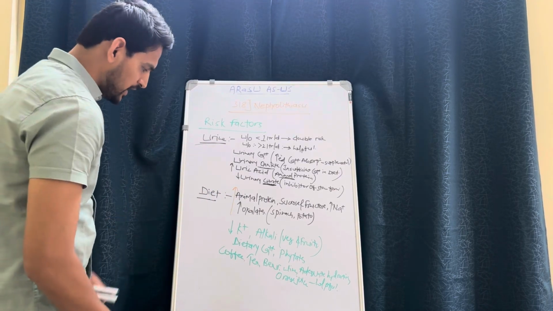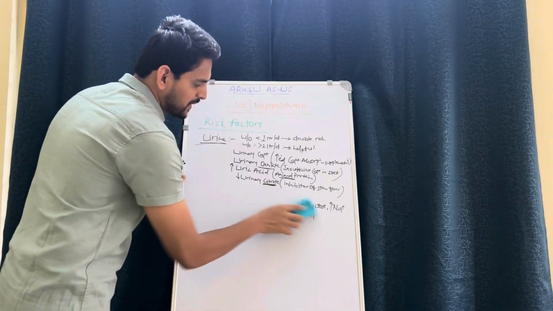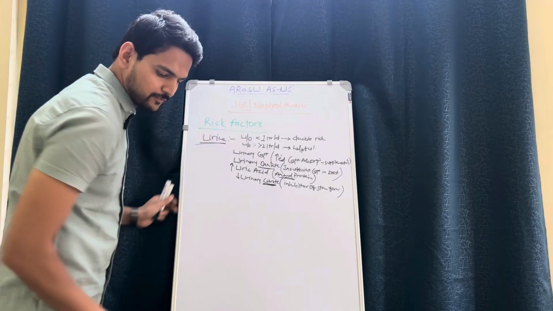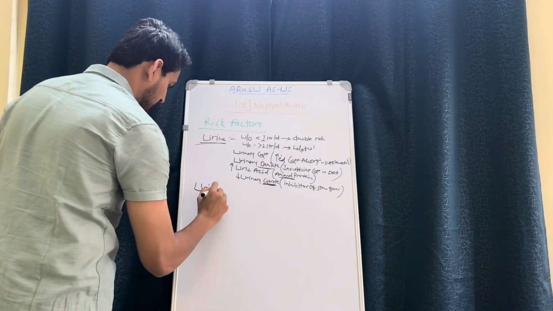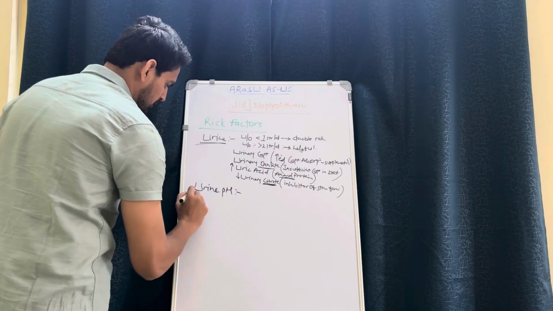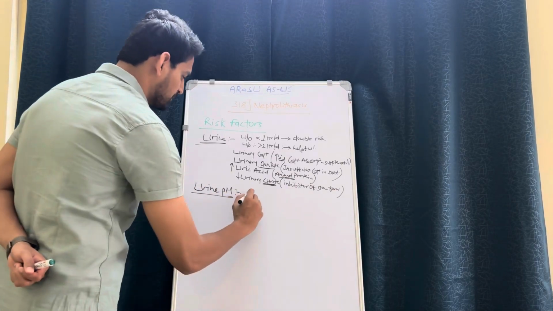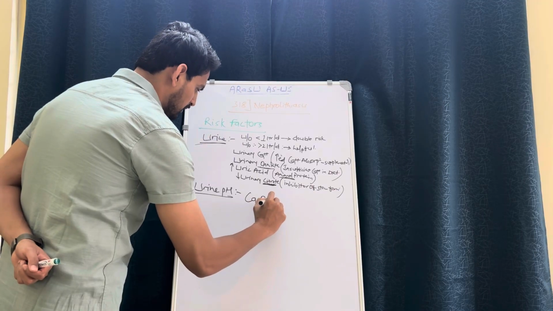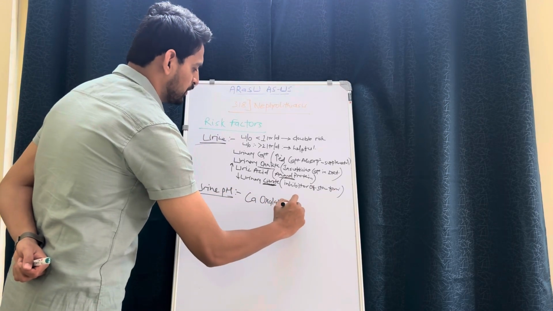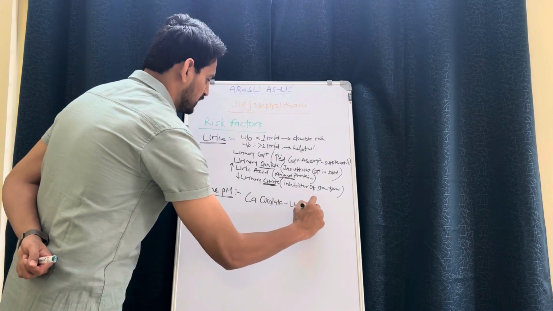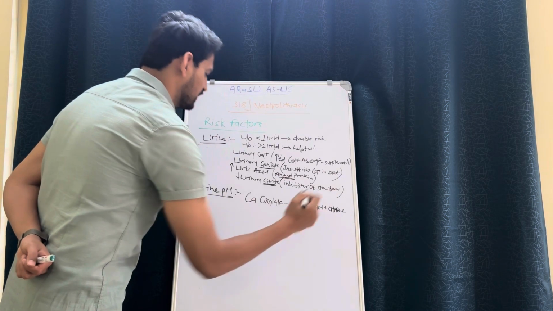Then urinary pH will also determine some of the stone formation. So urinary pH. We told that commonest form of stones are calcium oxalate, but these are not affected by urine pH, won't affect in any ways.